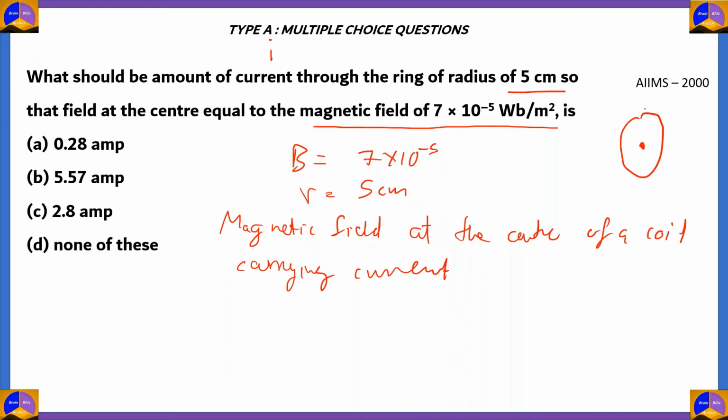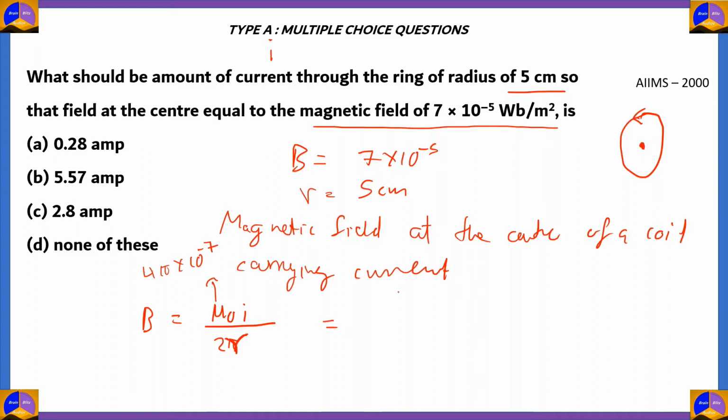We'll be finding out the current, which gives the field at the center a value of 7 into 10 raised to minus 5. So the formula is B is equal to mu naught I divided by 2R. Mu naught is the permeability, and it has a value of 4 pi into 10 raised to minus 7, always.